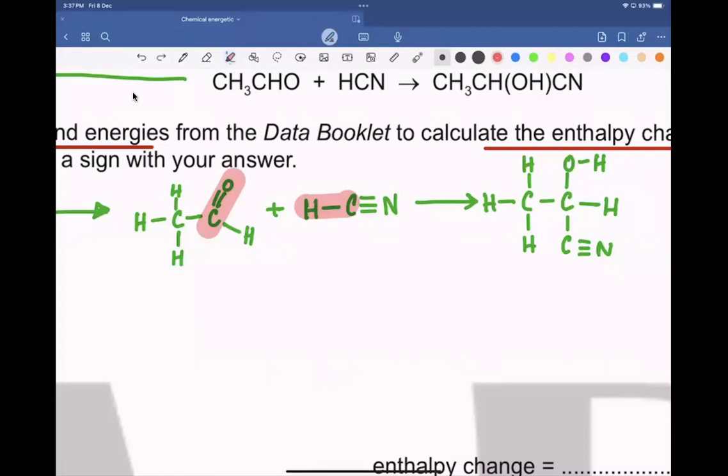Now which other bond is broken? Can you find any other bond which is on the reactant side and not on the product side?